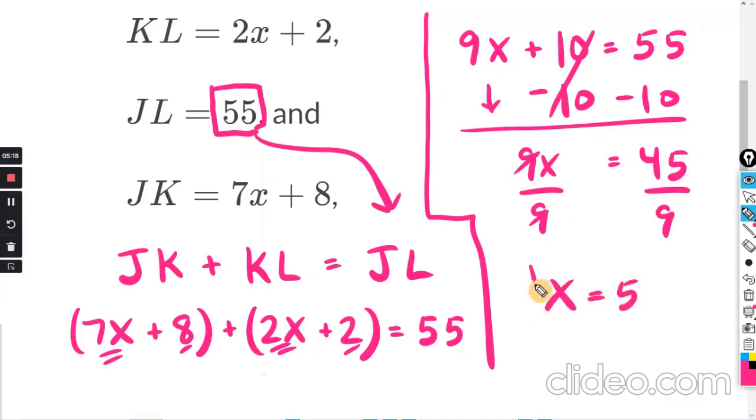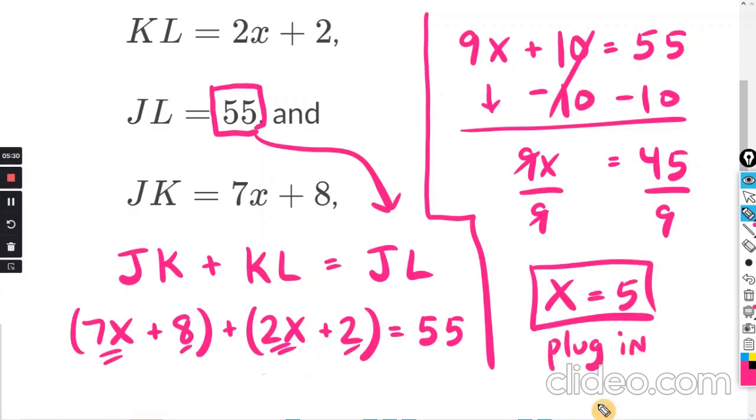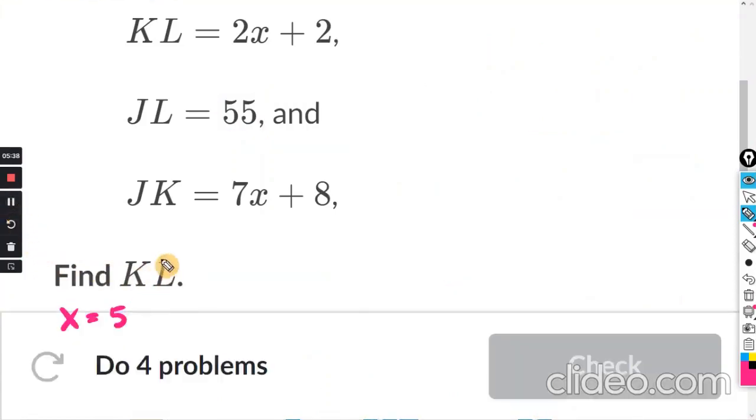Now, for all of these problems, they're not just going to ask you for x. They're going to ask you for one of the lengths. So you have to take that x equals 5 and plug it in. All right, so now I'm going to erase this and plug in x equals 5. They're asking us to find KL. So we have to find KL and plug in x equals 5. Well, right here is KL.